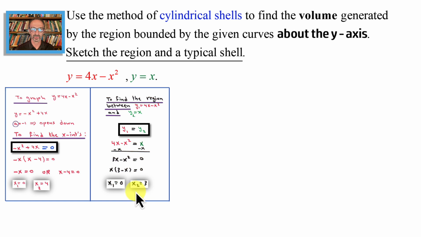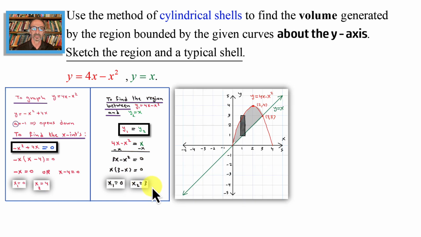Those are the intersection points. Now we should have a clear picture of the graph. The parabola intersects the x-axis at 0 and 4, and the midpoint at x equals 2 gives the vertex. Plug in 2, you get 4. It opens down.